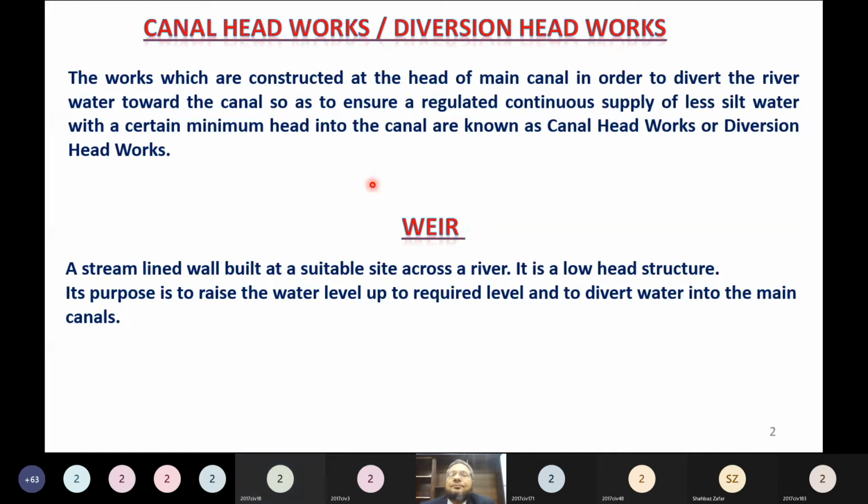So it is a kind of structure which is usually provided over the main channel in order to divert the water and also raise its level.